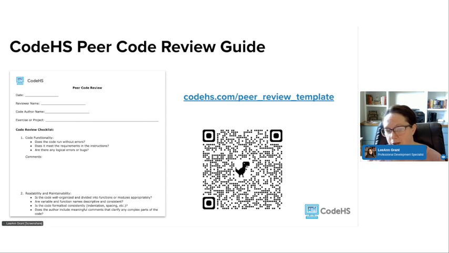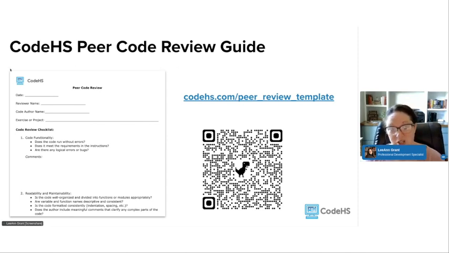And it has some questions and things that they can look for in the code to guide students. You can use this. It is a template in Google, so you can add to it, change it, make it your own as well. But it is a guide to help the students go through that peer review process.